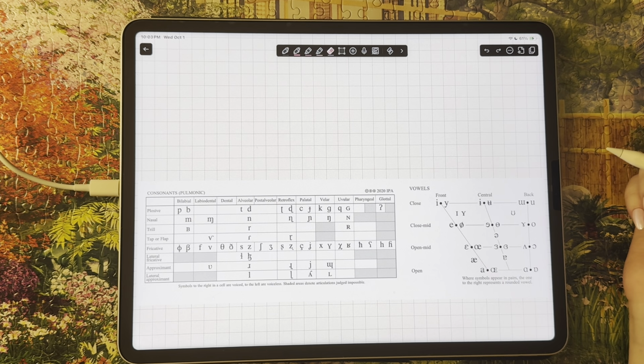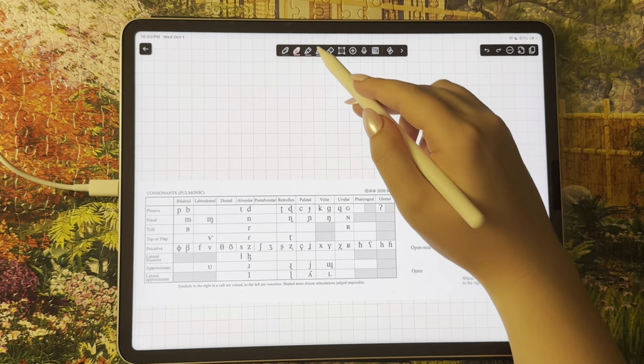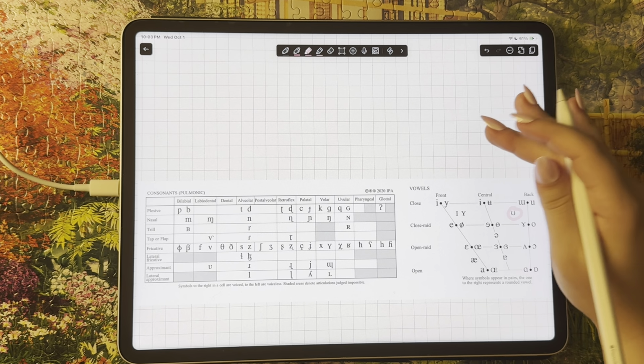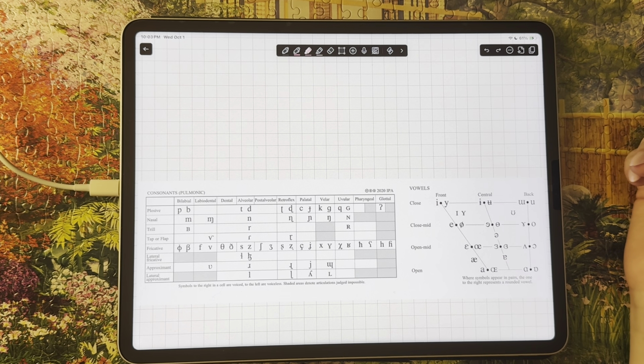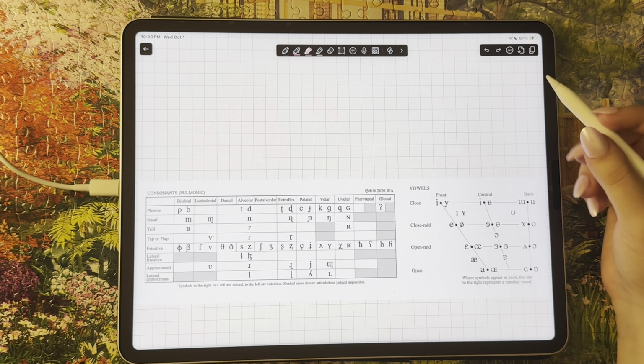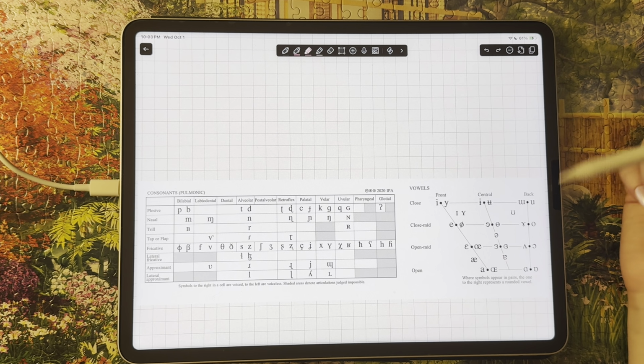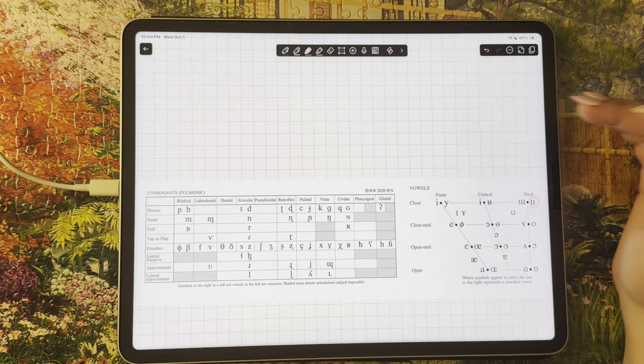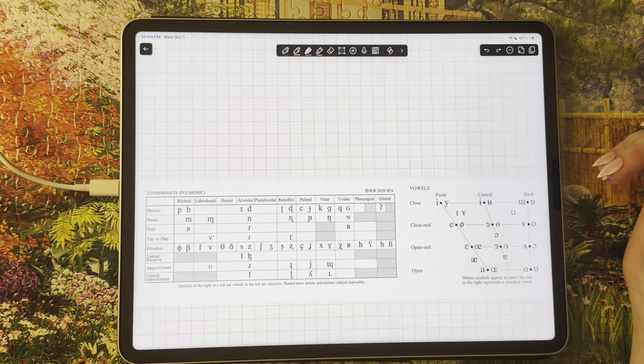And then we have hook. I can't think of any other words, but hook. And then this one is an oo, so like hoop or loop.